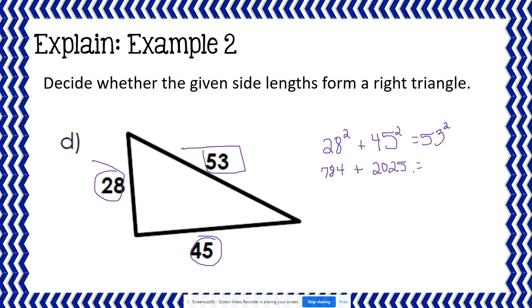Then 53 squared gives me 2,809. I would need to add 784 plus 2,025. When I add those together, I get 2,809. So now I'm left with a statement that says 2,809 is equal to 2,809. Since this is true, I know that this is a right triangle. And since it's a right triangle, I could put my right angle where it would belong, which would be right here.